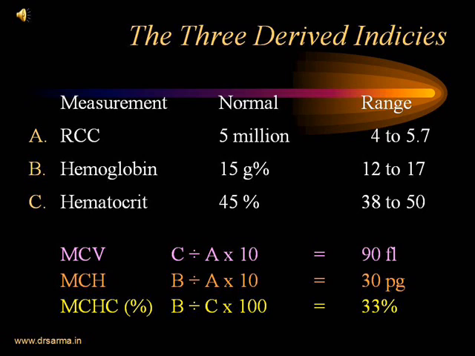Otherwise, in general, MCV and MCH are the routinely looked at derived indices. Of course, MCHC also is easily calculated as shown here as a ratio of B to C, or B divided by C into 100. These derived indices are essential for us for further workup of an anemic patient.